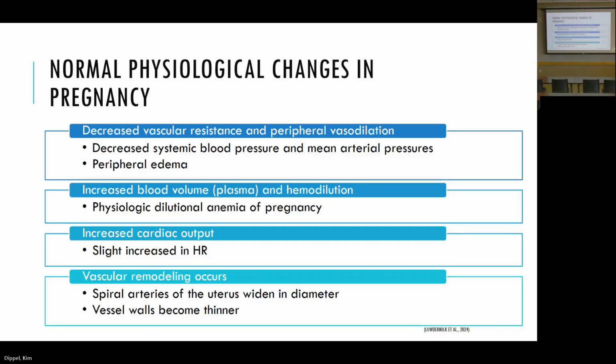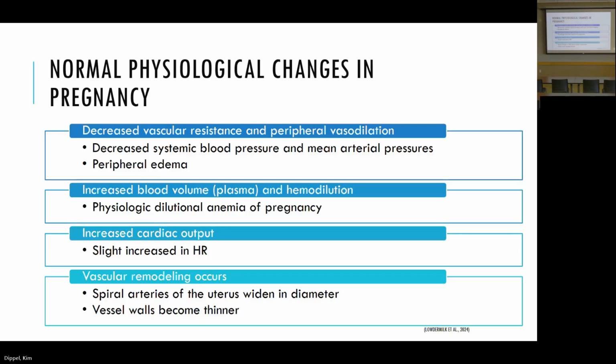I love to think of a placenta as an end organ, and you want that placenta to be well oxygenated, well vascular, so that that fetus can get all the nutrients and oxygen that they need, and also for the placenta to take off any kind of toxins that they develop. So the woman has decreased blood pressure and mean arterial pressures. That is normal, especially in the second trimester. She has a decreased blood pressure. She may also have some peripheral edema.